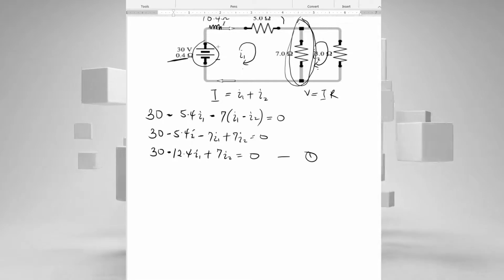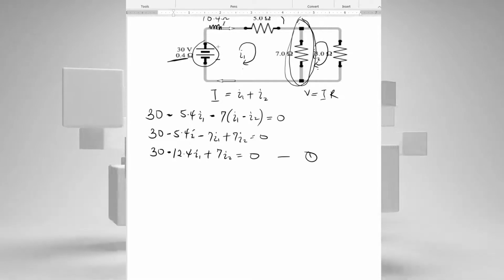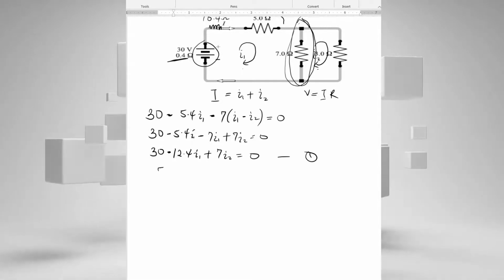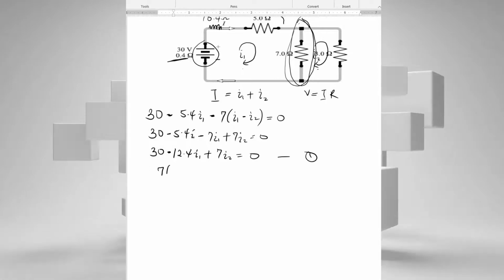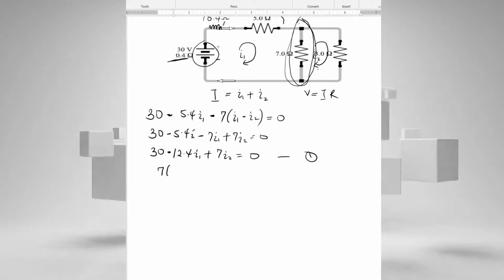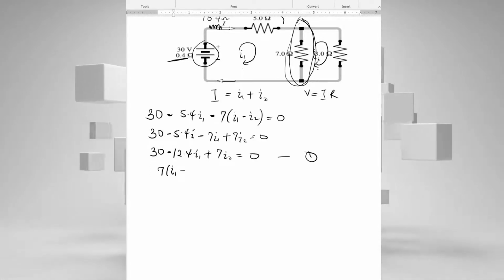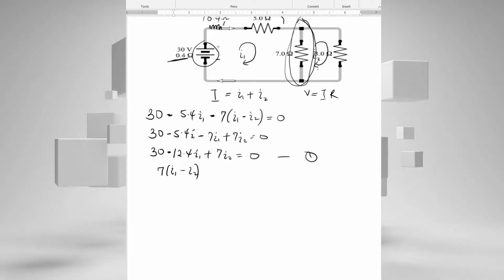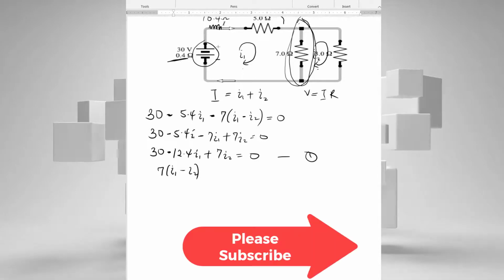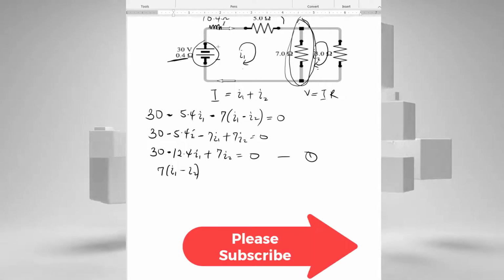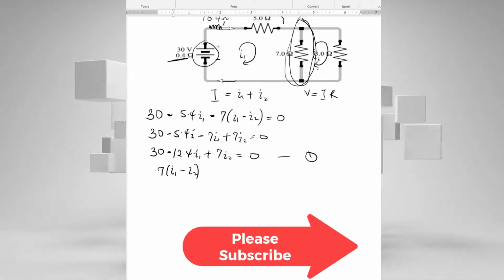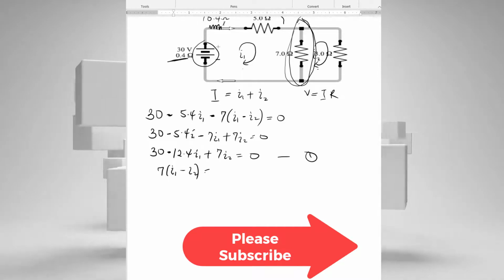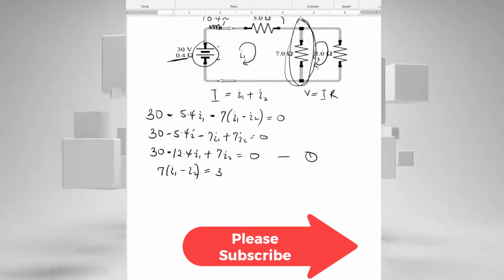So I can write my V2, which is my 7 ohm resistor, times the current through it, which is I1 minus I2. I've taken my clockwise direction to be positive and the anti-clockwise direction to be negative. So 7 into bracket I1 minus I2 is equal to 3I2.